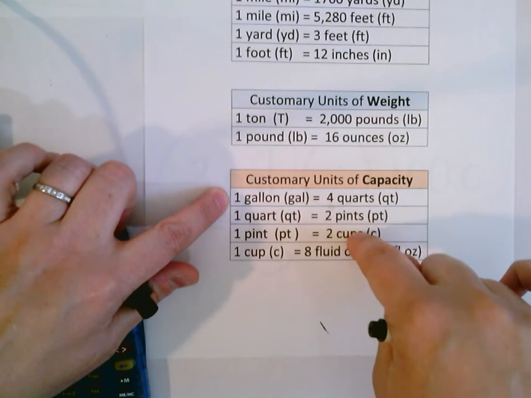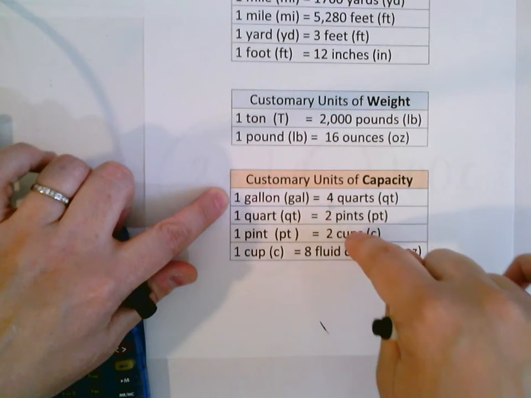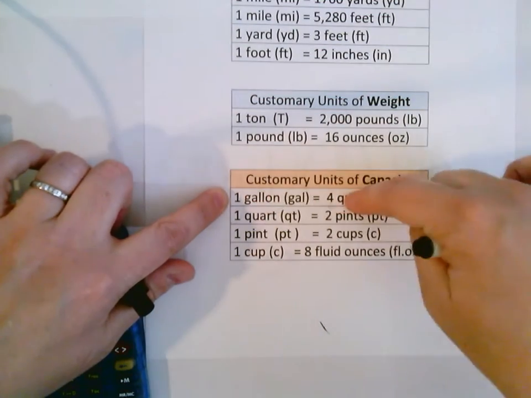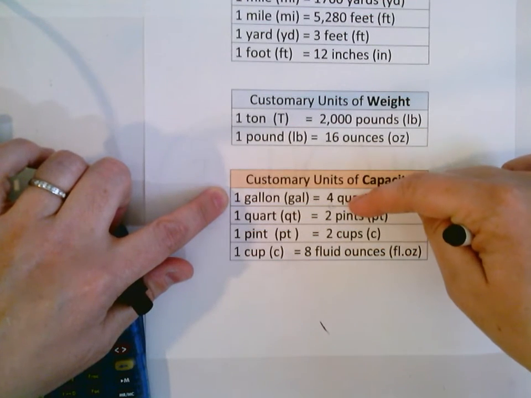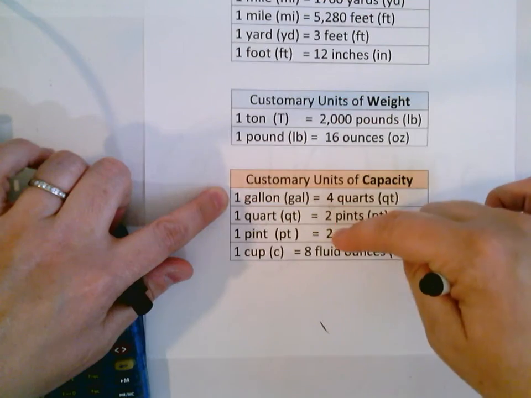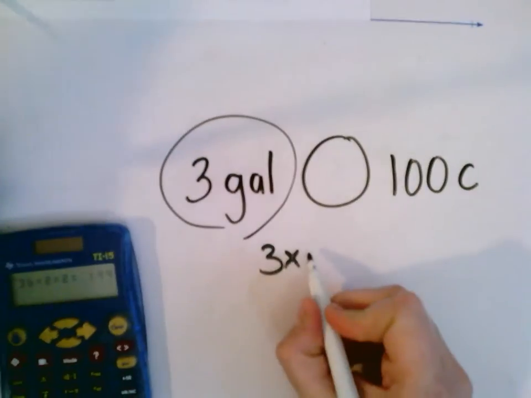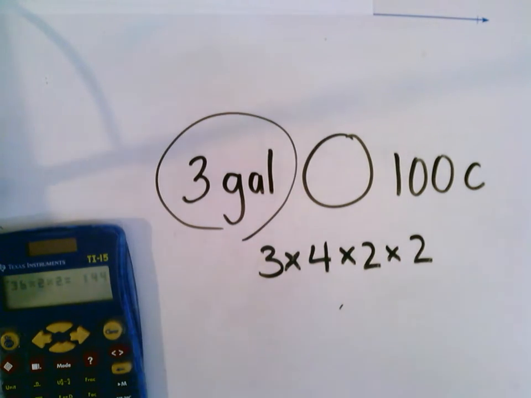I have 3 numbers. I have to multiply 4 times 2 times 2 to get to cups. I have to go over here: quarts, pints, and then cups. Let's add that into our problem: 3 times 4 times 2 times 2.